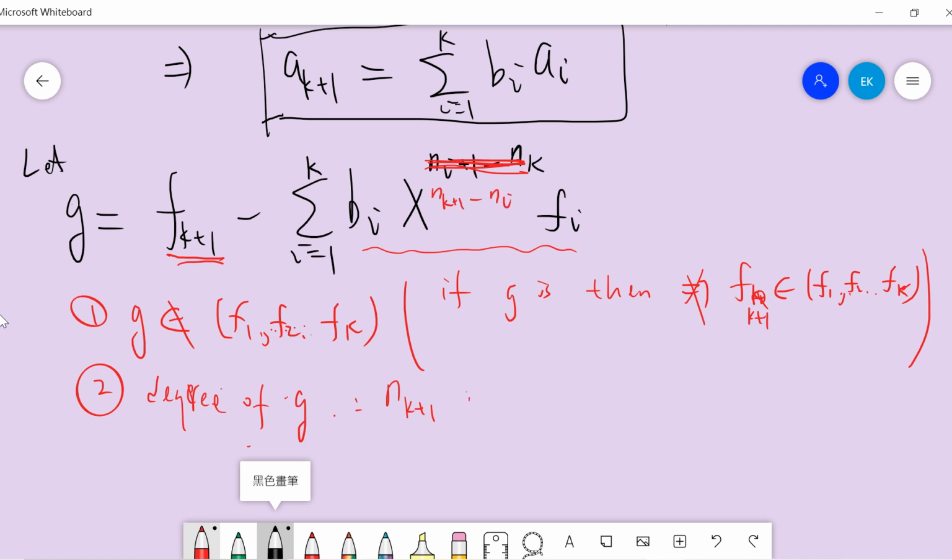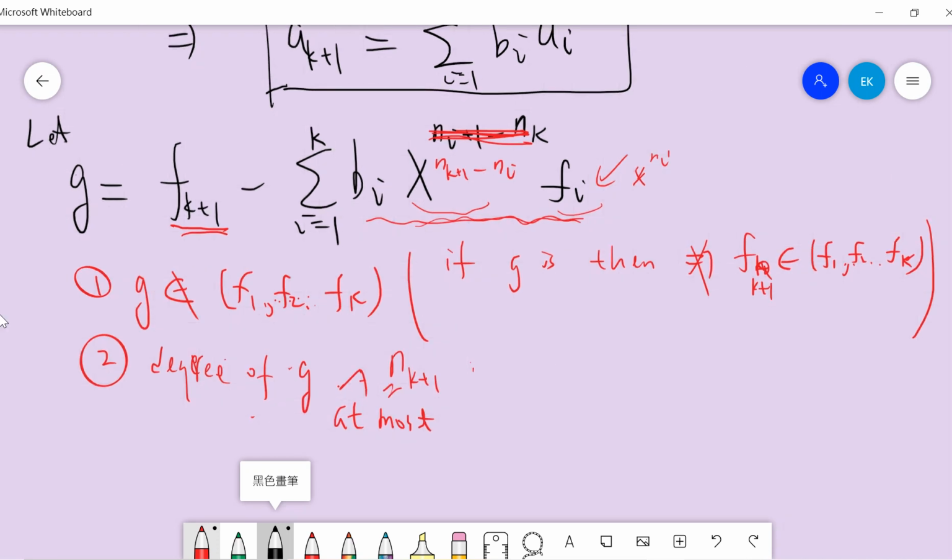Then this term contains x^{n_{k+1}}, and f_i has degree n_i, so each term has degree n_{k+1}, and the degree of g is at most n_{k+1}.